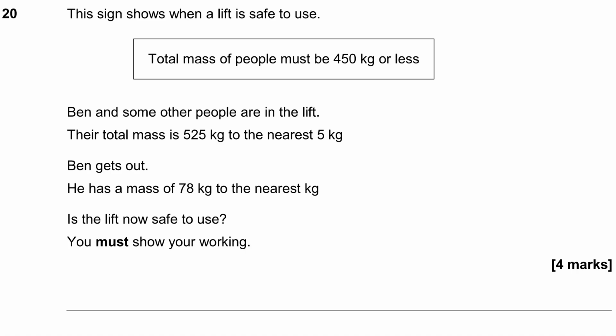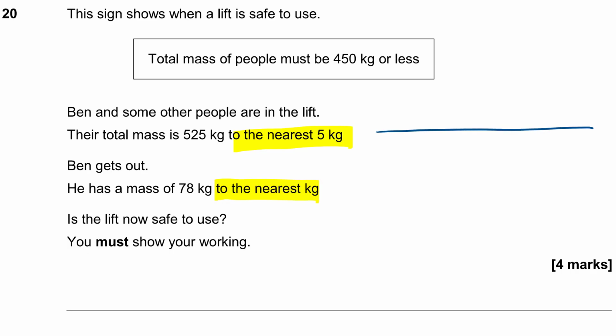Okay, now this question is a limits of accuracy question. You can tell that by these phrases here, to the nearest 5 kg and to the nearest kilogram. When you see those, it should be screaming out at you, limits of accuracy. So the first thing we should do is think about what those limits are going to be for our two amounts here. Now we know that 525 kilograms has been rounded to the nearest 5 kilograms.